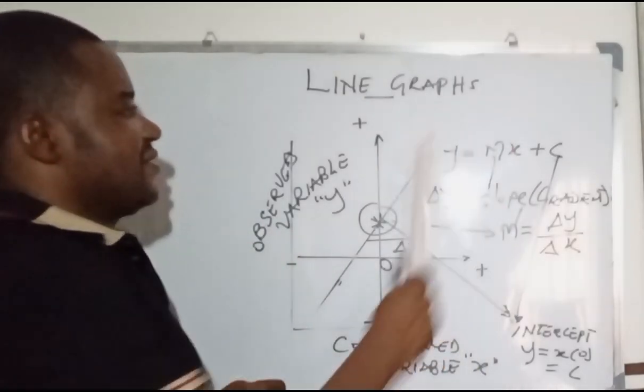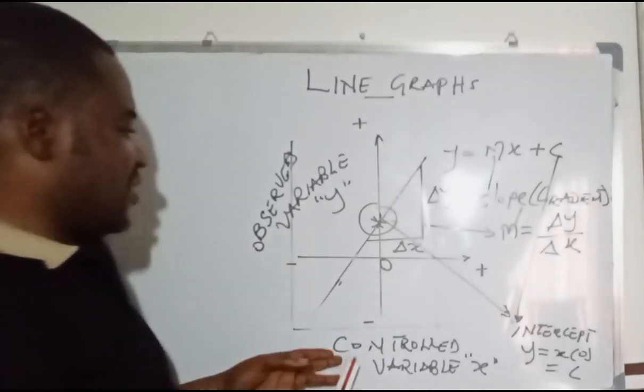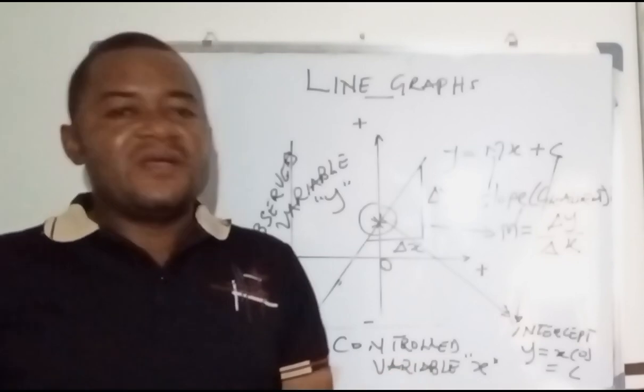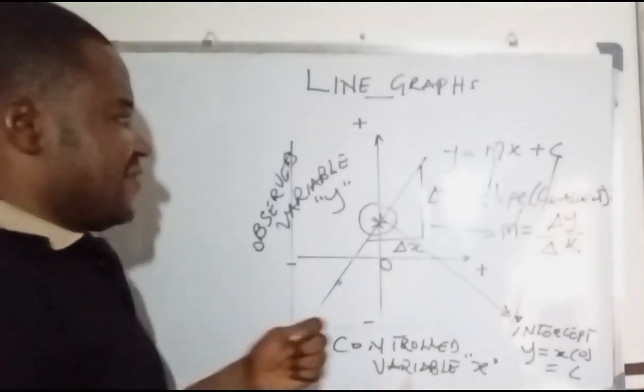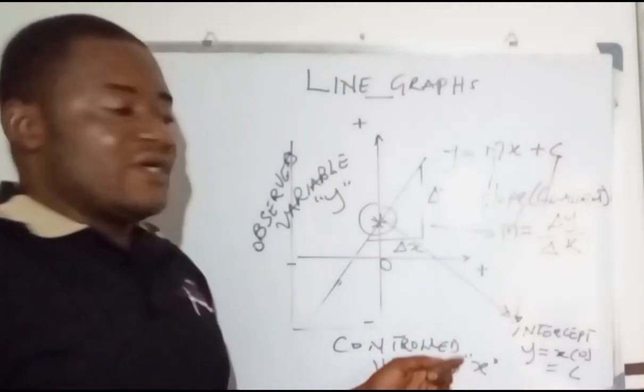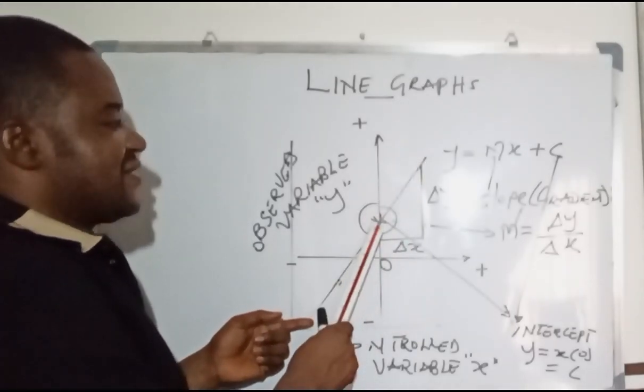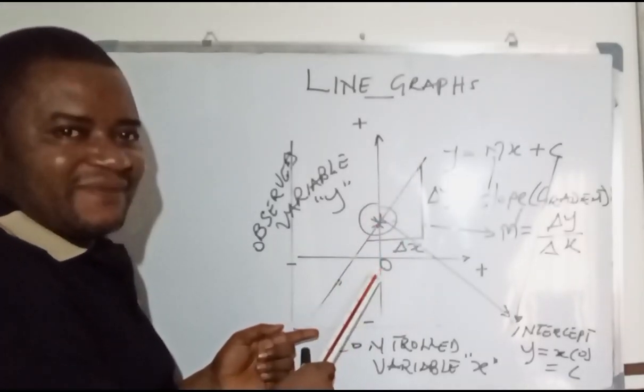Then you have x, the control variable itself, which is a variable that is not measured but can be varied. And then you have the c, which is your intercept, where the line cuts the y-axis at point 0.